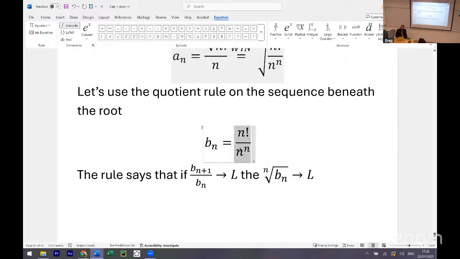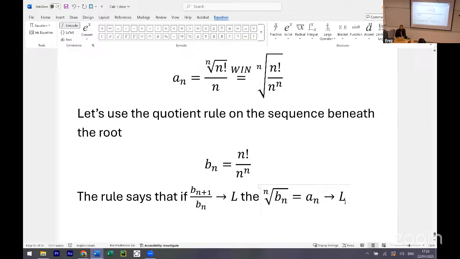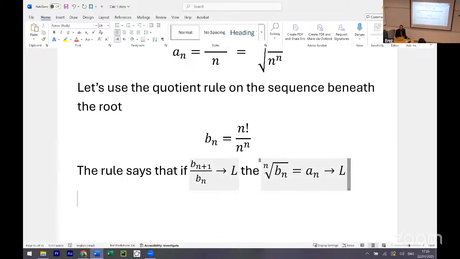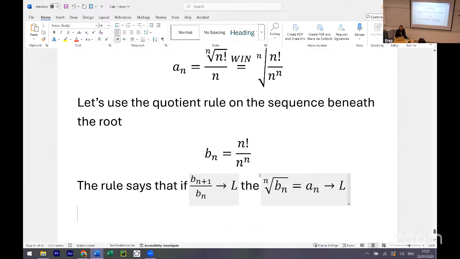So if I choose this to be the sequence, and I am able to find the limit of its quotient, then the limit of the root, which is actually the sequence I was asked about, will also go to the same L. So let's figure out what is the limit of the quotient, and we will not be able to, but it's an introduction, like I said.